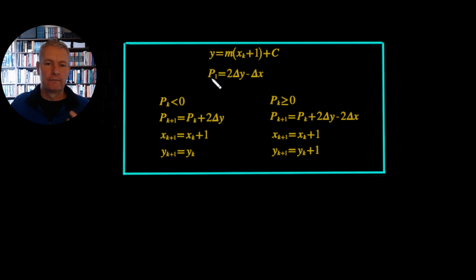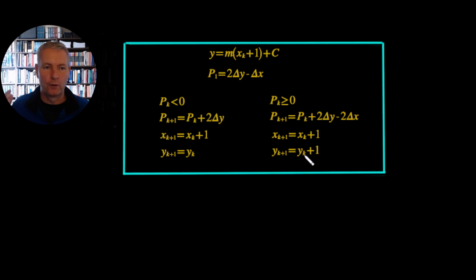Now if this value for our decision is greater than or equal to 0, we go through this process here. So the next value for our decision, pk plus 1, is given by pk plus 2 delta y minus 2 delta x, and the value for our xk plus 1 again is going to be xk plus 1, and the yk plus 1 now is going to be yk plus 1, so we choose the next one up.